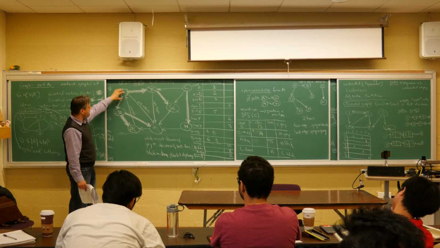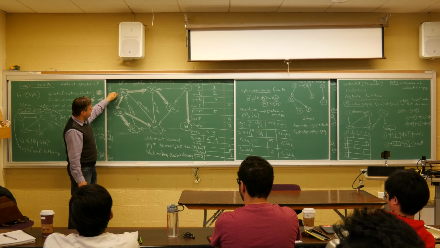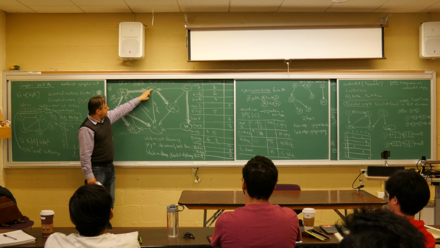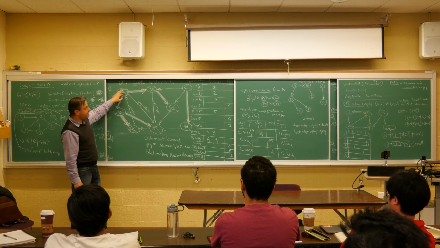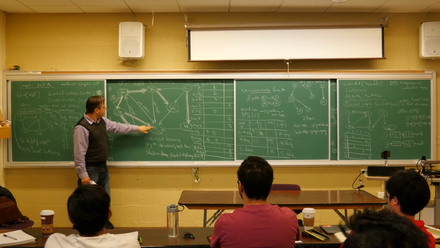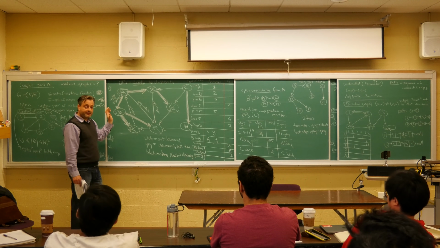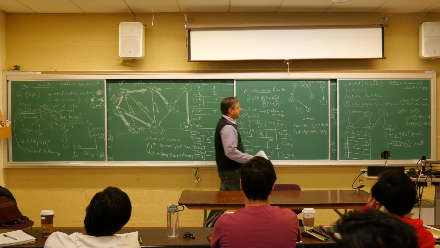Being here, I could have chosen a different way to go. What if I go B first, then F first, then A? I guess that's still gray to gray. If I started in A and I go B, F, E, then gray to gray. But this depends on how I run my DFS. So this is going to be a back edge.